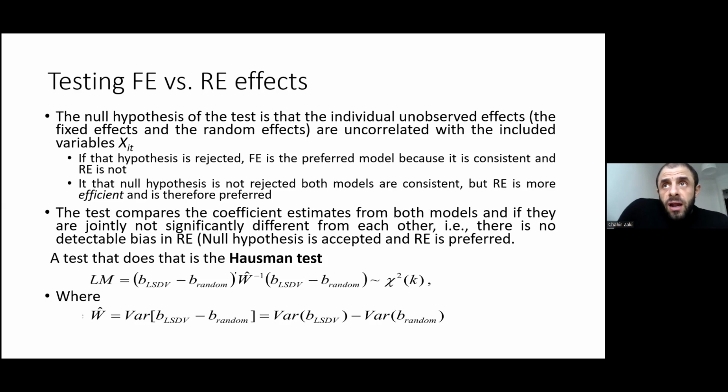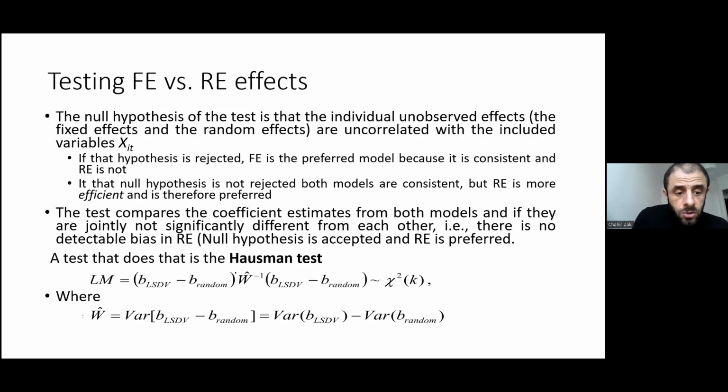But if the null hypothesis is not rejected, which means that in our case, the unobserved effects are not correlated with the regressors, then in this case, I can use the random effects. Okay? So in this case, I'm comparing the estimates from both models to see whether one of them is consistent or the other is efficient. Okay?